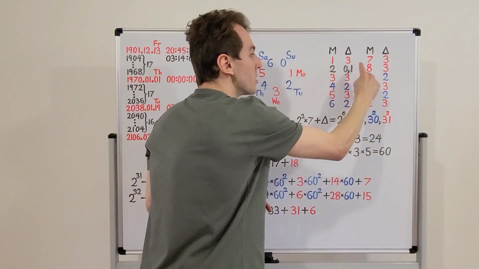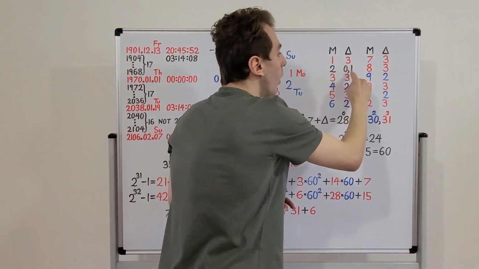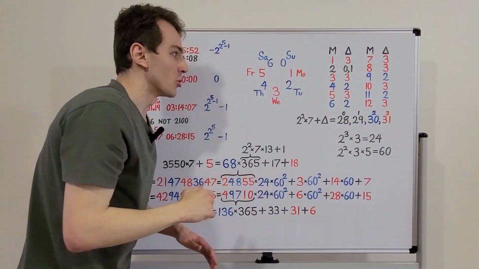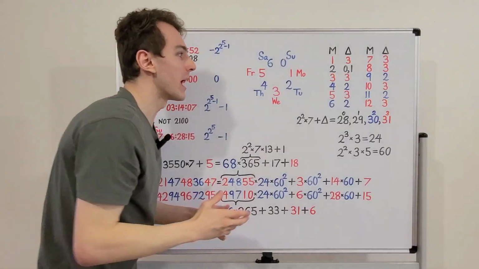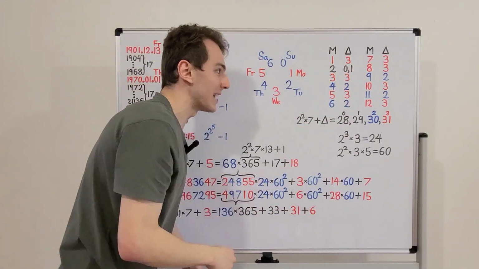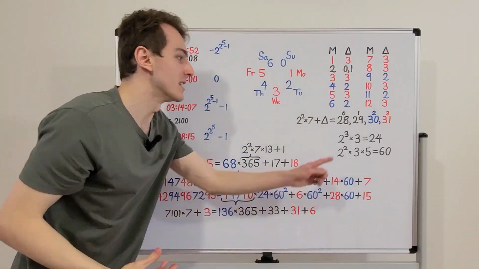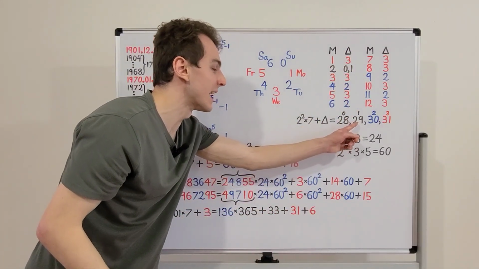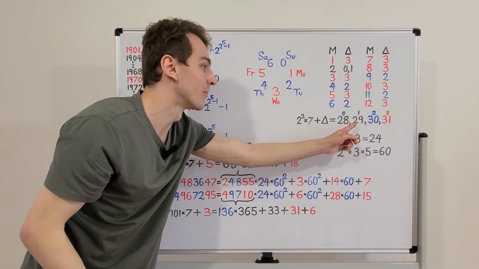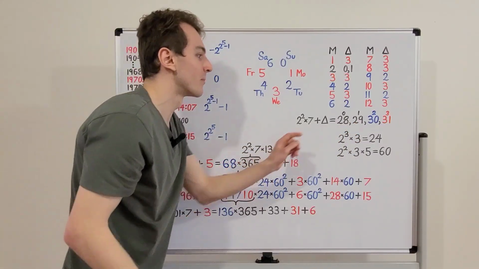So for February, which is the second month, there can be either 0 or 1 extra days. So in a non-leap year, February has a delta value of 0. So that means 28 days. But in a leap year, delta becomes 1 for February. And so February will have 29 days in a leap year. So that is taken into account by this number 17 over here.